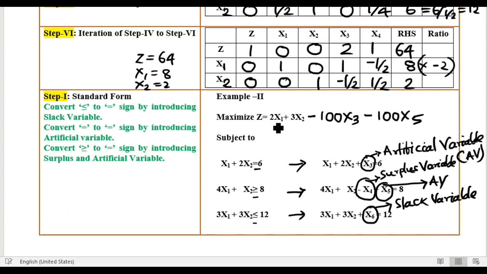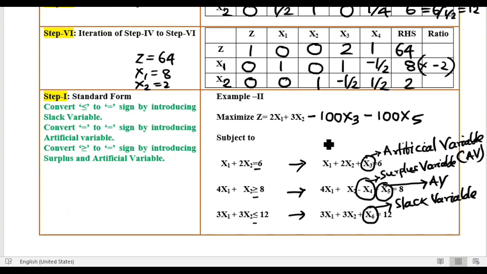So this way it has been prepared. The remaining steps would remain the same, but first of all we have to make this equal to this higher coefficient value, and x3 and x5 have to be converted into 0.